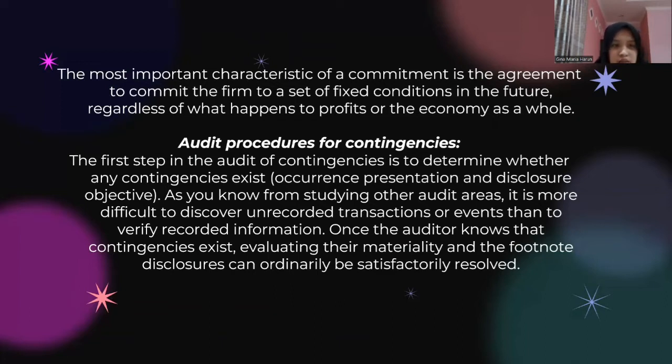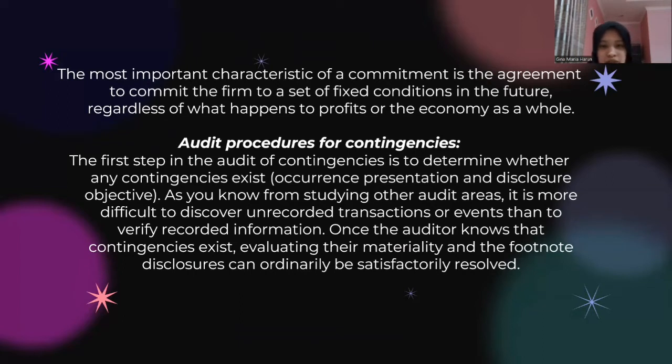The most important characteristic of a commitment is the agreement to commit the firm to a set of fixed conditions in the future, regardless of what happens to profits or the economy as a whole. Audit procedures for contingencies. The first step in the audit of contingencies is to determine whether any contingencies exist, a current presentation and disclosure objective.